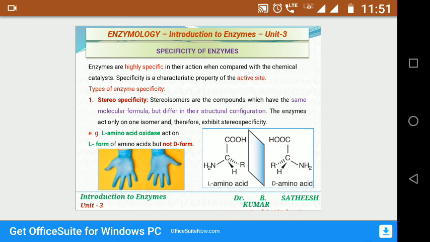Okay, and the second topic we have covered is what they are. They are protein in nature and very specific for their substrate. They bind the substrate and form the product. We have also discussed classification and nomenclature.